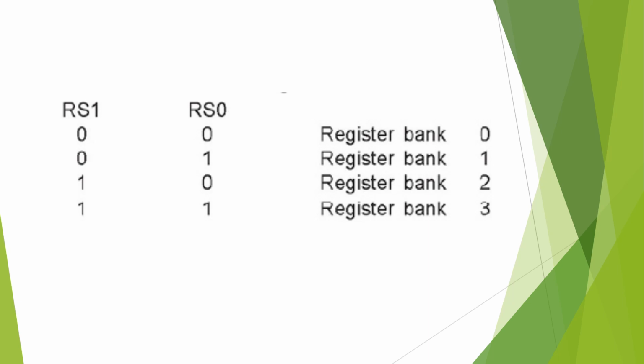In case of signed arithmetic, the most significant bit, that means the D7 bit, is used for indicating the sign of the number. If it is 1, the number is negative, and if it is 0, the number is positive.